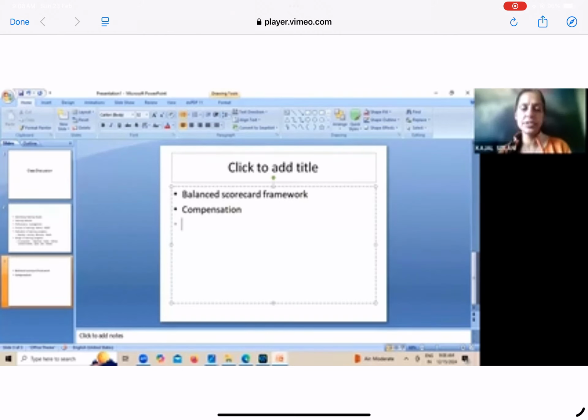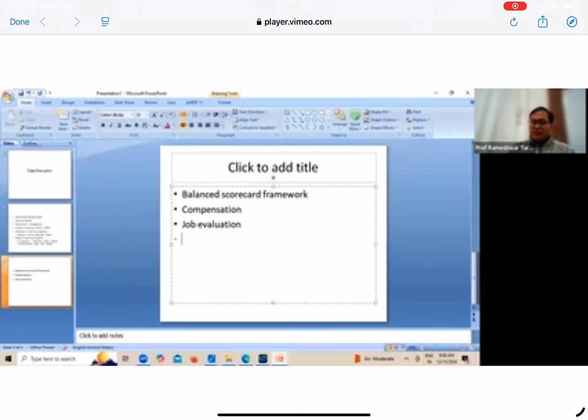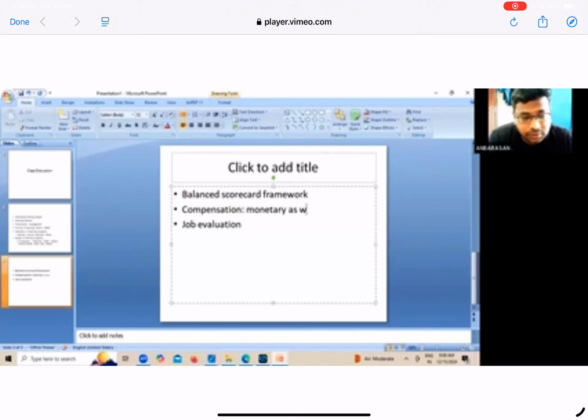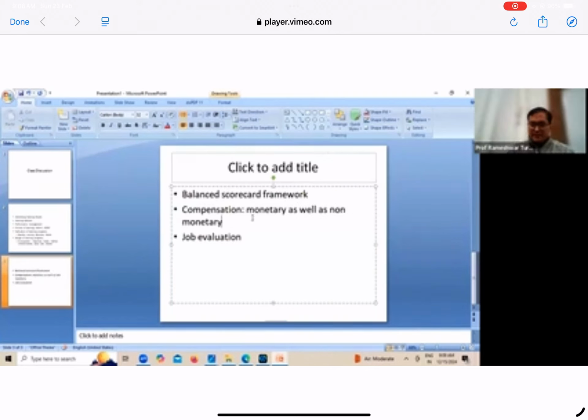Job evaluation. In compensation, two things matter. Compensation will be monetary as well as non-monetary. Direct and non-direct.